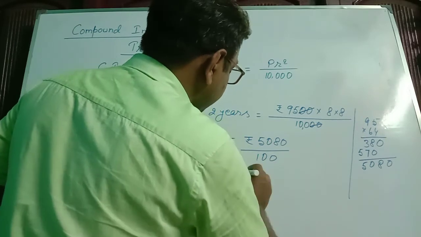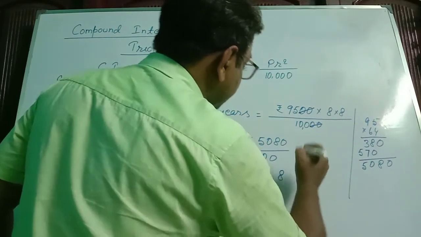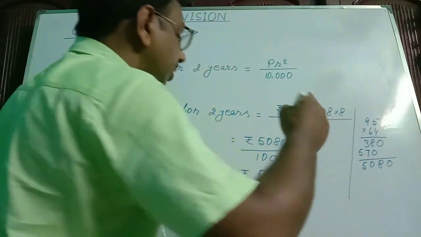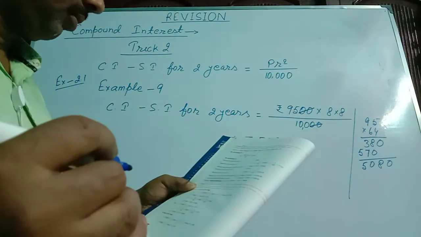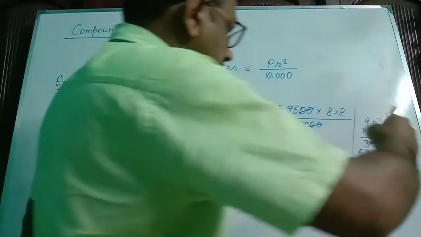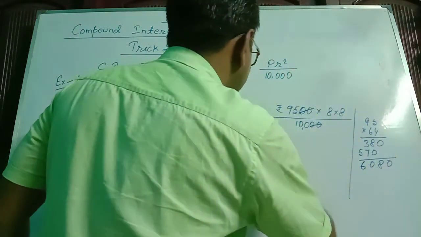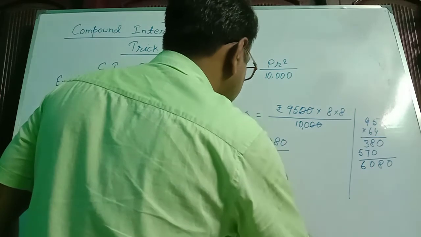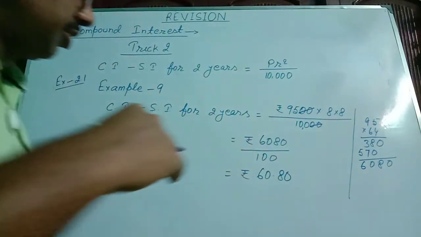So this became rupees 50.80. Sorry, here will be 6 in multiplication, so this became 60.80.